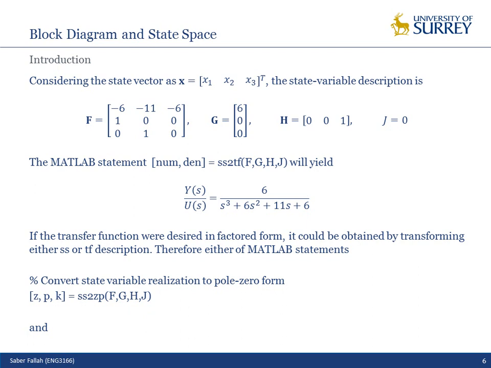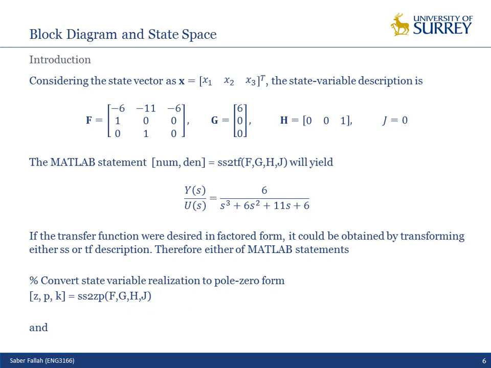Okay, so let me continue here. I have x dot 1, x dot 2, x dot 3 equal to a matrix multiplied by x1, x2, x3 plus a vector multiplied by input u. x dot 1 is equal to this: minus 6 x1 minus 11 x2 minus 6 x3. x dot 2 is equal to x1.